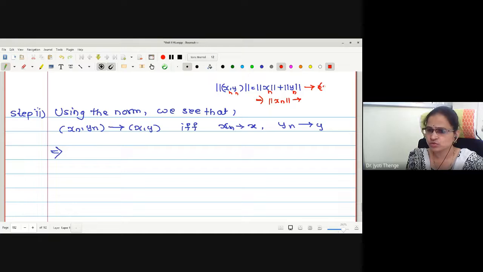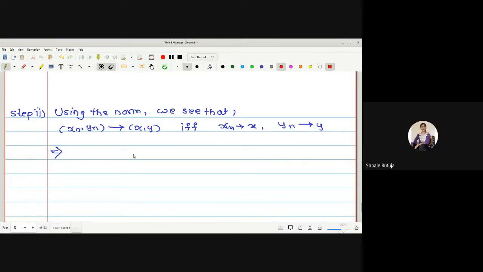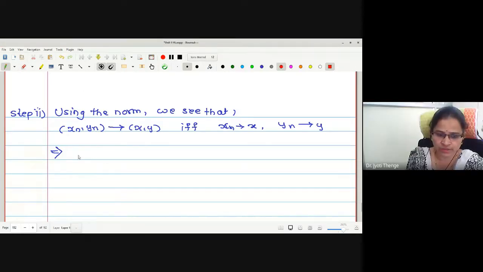Or instead of tending to 0, if it tends to (x, y), then one can easily say norm of xn minus x tends to 0, so that we get xn tends to x. Therefore we are not going to prove this again. Many times we have proved it, right? Yes, ma'am. So we will just write, hence this norm induces the product topology.